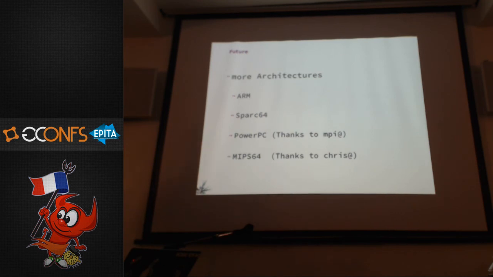And ARM and Sparc64 we have in our lab. Thanks to MPI and Chris at OpenBSD, they sent me 2 machines: a PowerPC G5 system, which is being prepared to get into the system, and a MIPS64 machine, which is also pretty interesting.